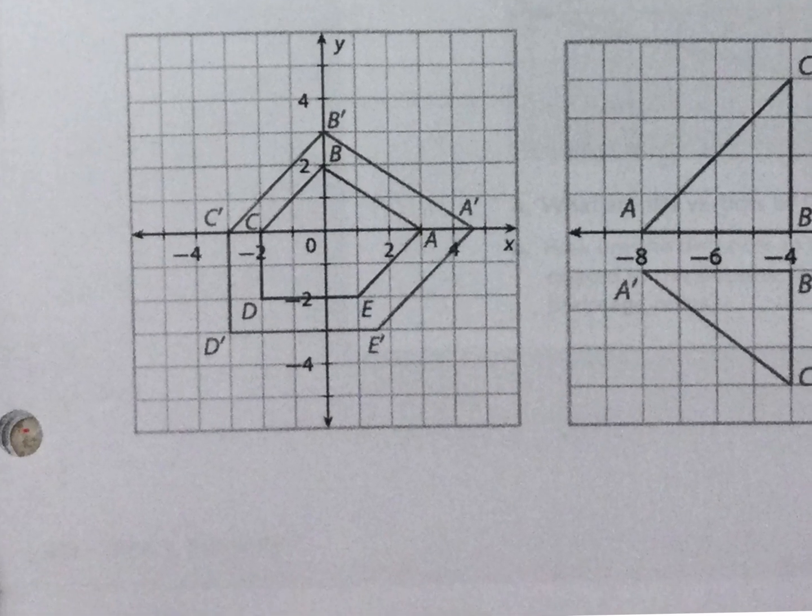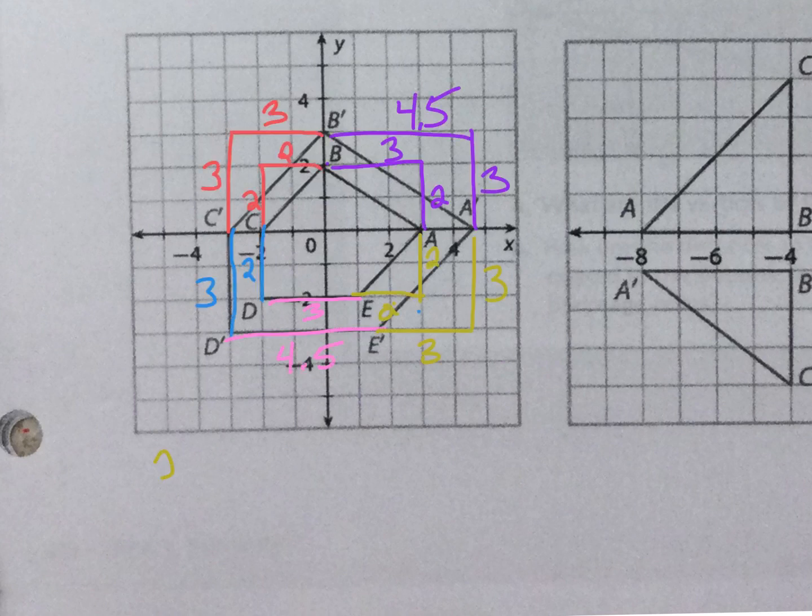Is this a dilation? I'm going to pause this and check all these and then come back to make this not so long. So if we look at all of these, every one of these, I get 2 over 3, 2 over 3, 2 over 3. Here's a different one, so we need to see 3 over 4.5.